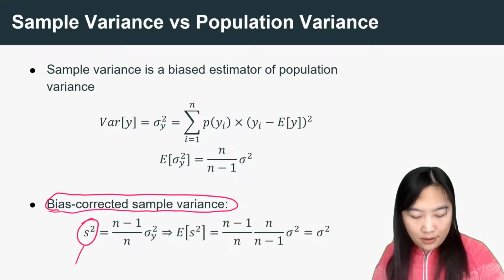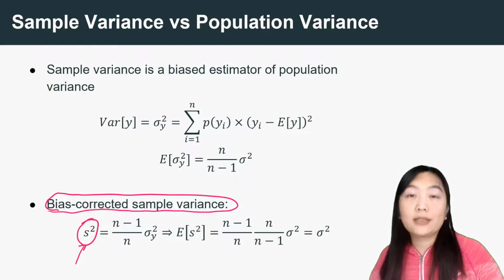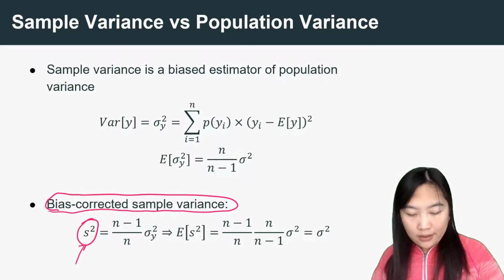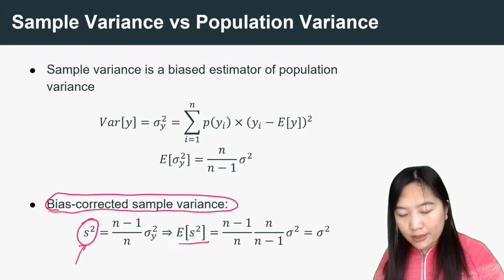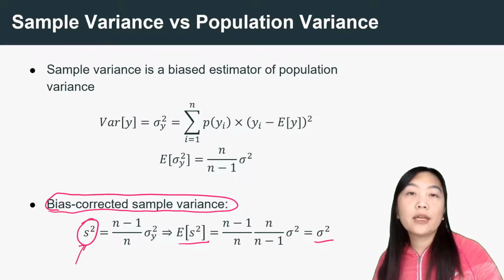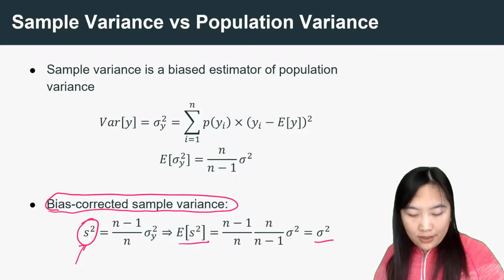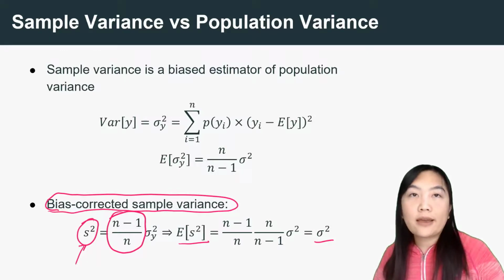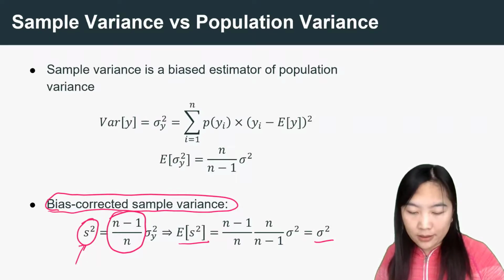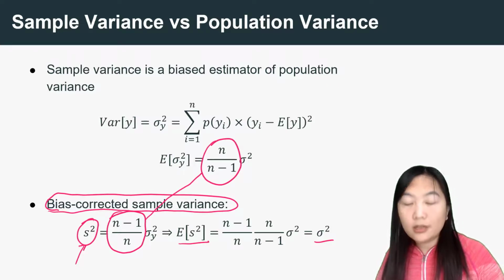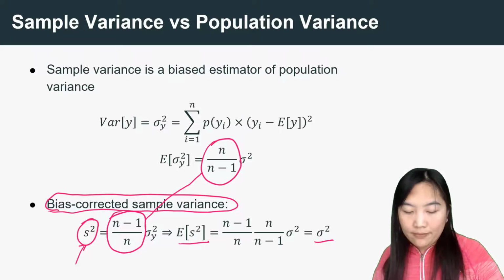So this is a bias-corrected sample variance. To make sure its expectation is equal to the population variance, you have to multiply by this n-1 over n here. If you multiply this term with this term here, then it's equal to 1.